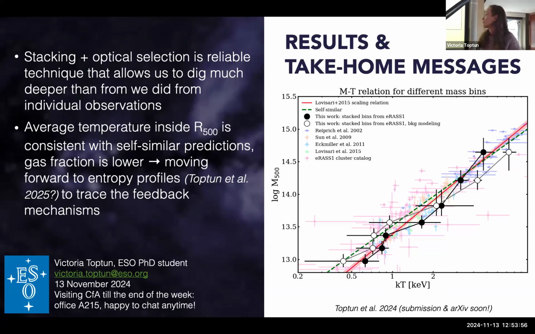We also checked that inside R500, average temperature in low mass bins is not changing significantly. We don't see significant heating. And also, we see lowering of gas fraction. So it will be interesting to move forward to check entropy profiles to understand if we really see impact from feedback mechanisms or it's something else, like assembly history of groups. And that's all. Thank you for listening, and I will be happy to answer questions.